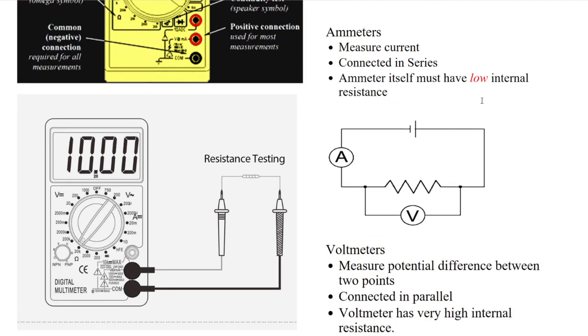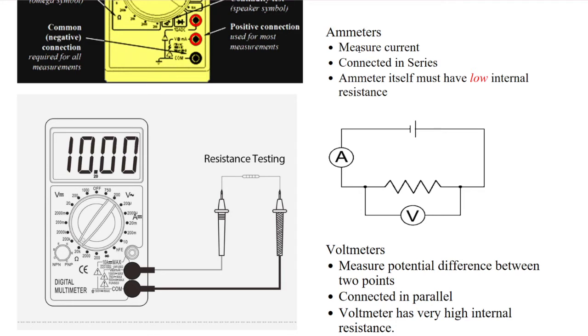The other thing that I wanted to point out relates to how ammeters and voltmeters work. Remember we talked about the internal resistance of any component. Batteries have an internal resistance. Ammeters and voltmeters also have internal resistances, and this relates directly to how they work.